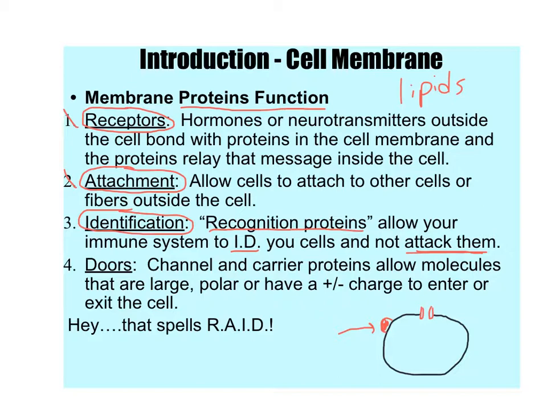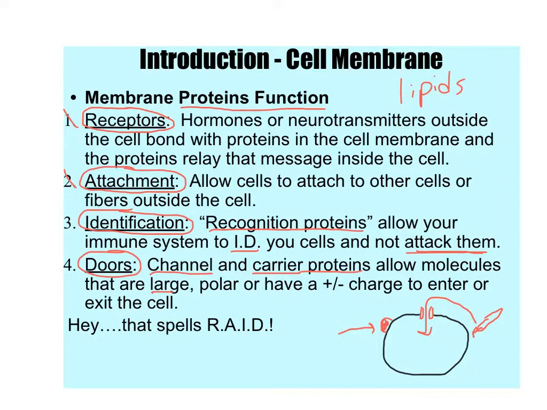And the other one we've gone over before briefly. Some proteins act as channels, or they're also called carrier proteins. So they're kind of like a door, like glucose. Glucose is a pretty large sugar molecule. It cannot get through the cell membrane. It needs a door in order to get in. So things like glucose, which are large.